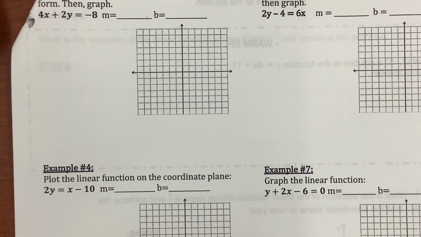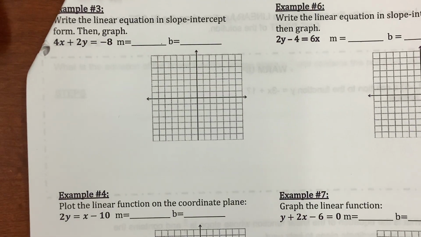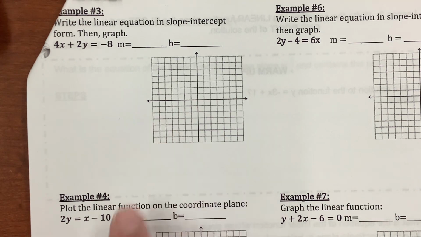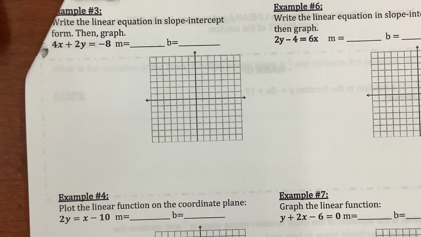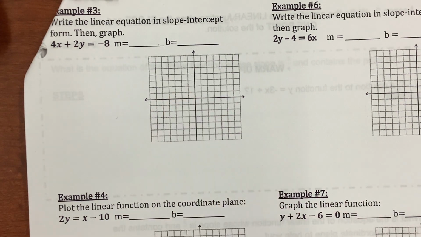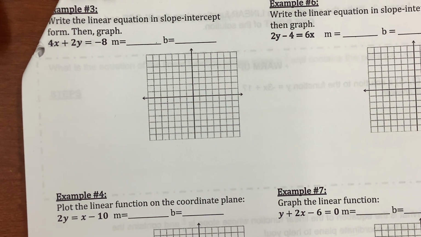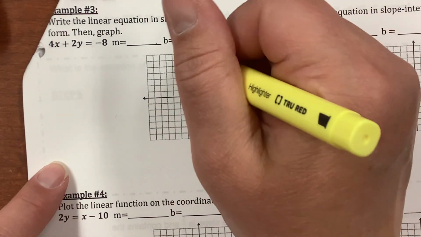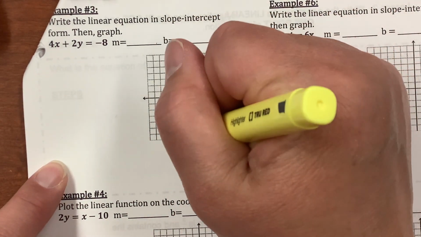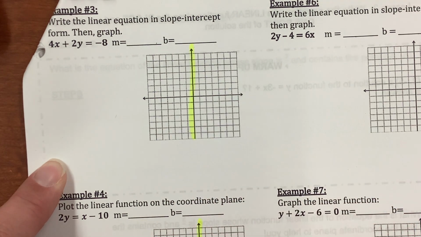I hope you did. So these problems go 3, 4, 5, 6, 7, 8. I'm going to go down and then come back up and go to the right. But before I do anything, highlight. All the y's are going to get highlighted, everywhere a y.